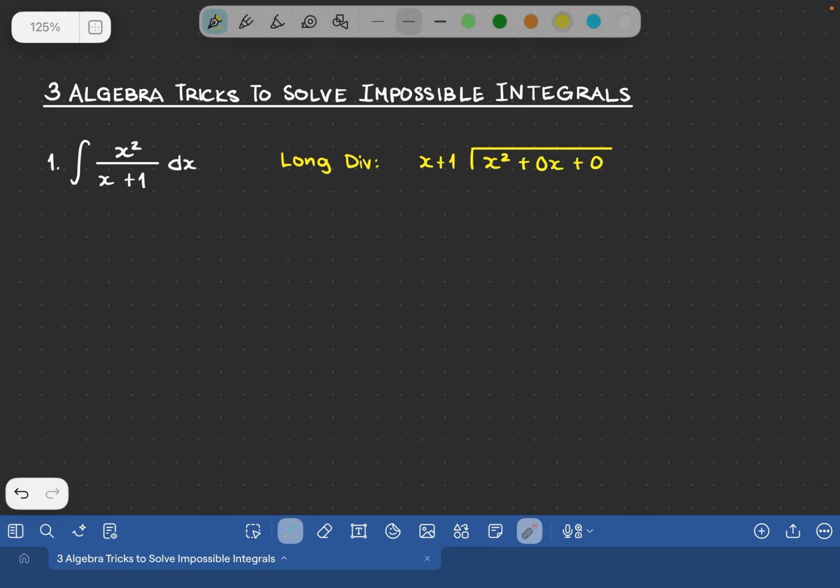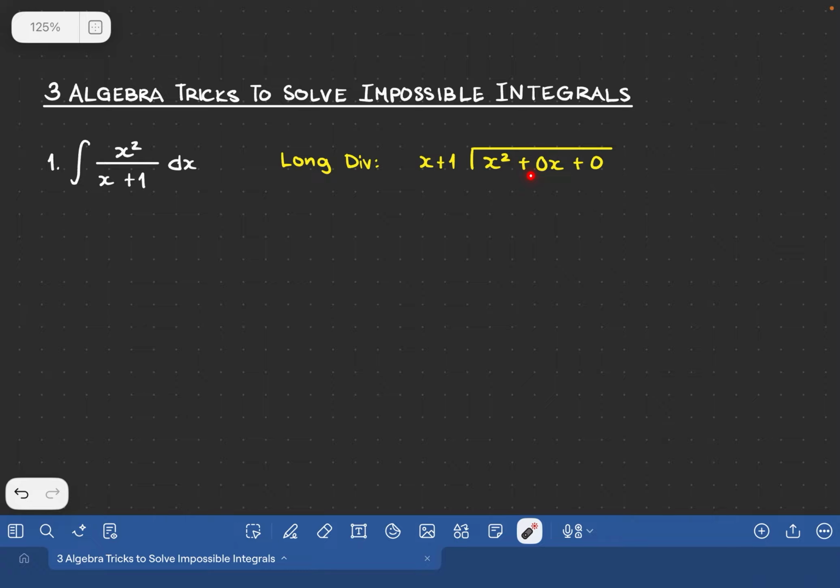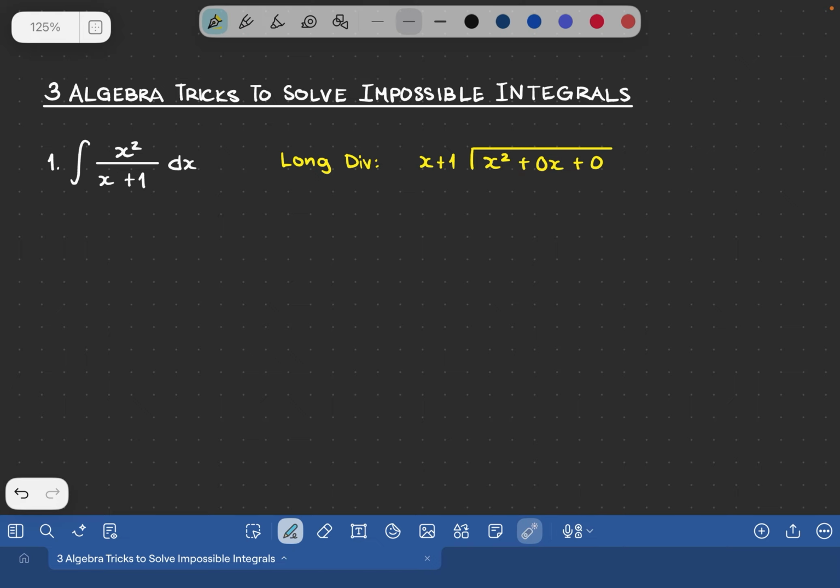This one is the placeholder for the degree 1 variable, and this one is the placeholder for the constant. Okay. Once we have this, we just solve it like usual division.